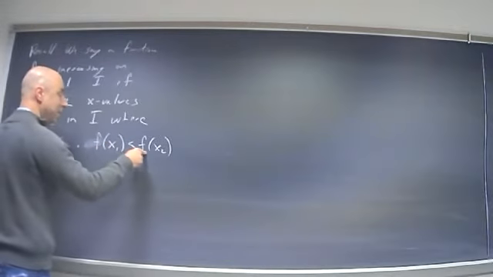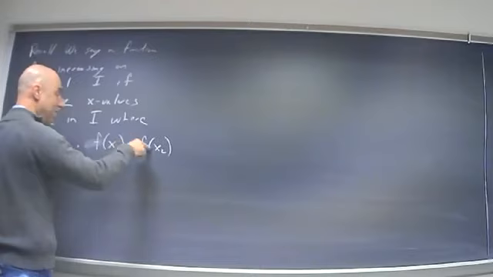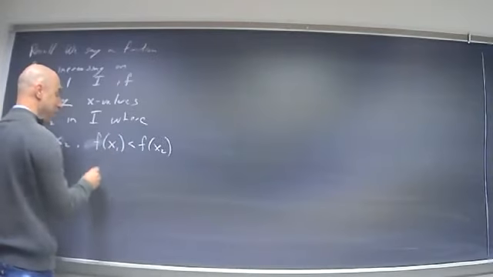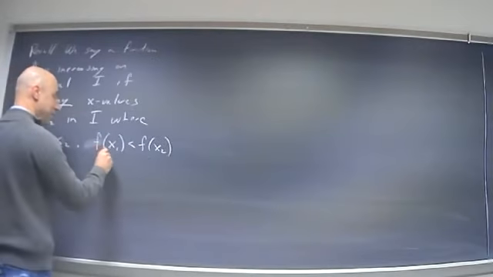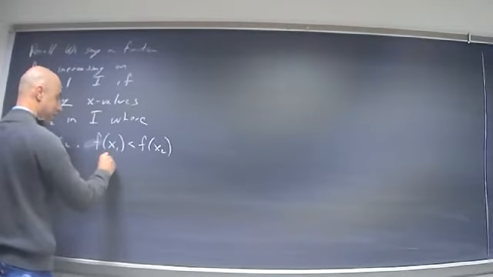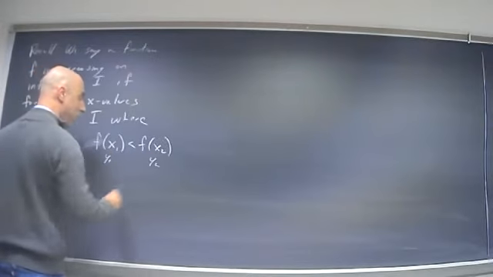F of x1 is less than f of x2. So the f values, these are the y values at x1 and x2. So this is like the y1 and this is like y2.